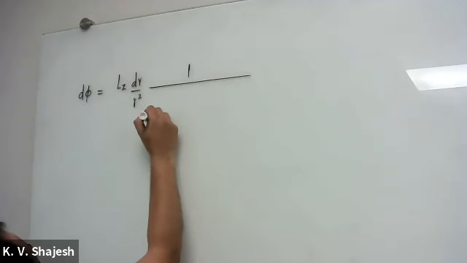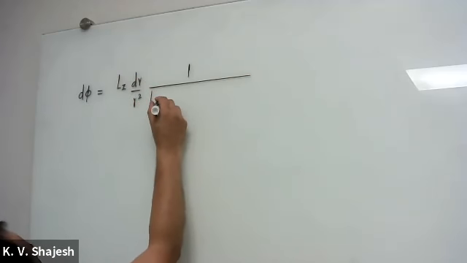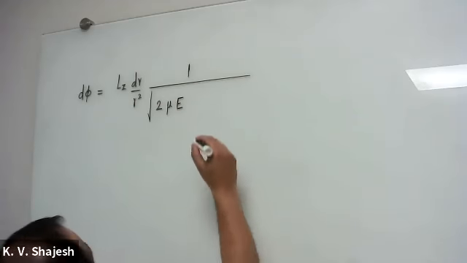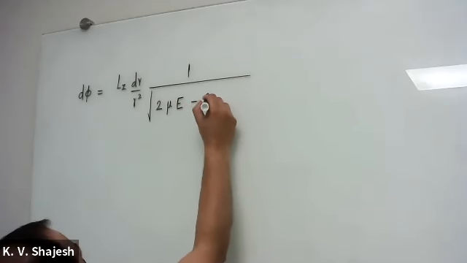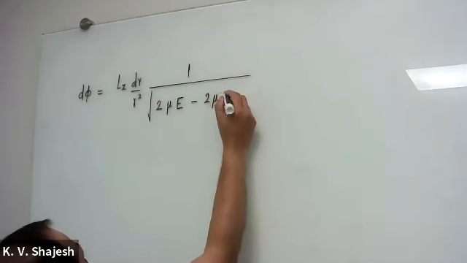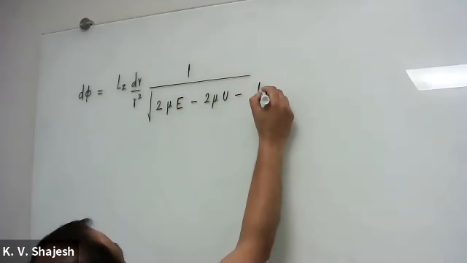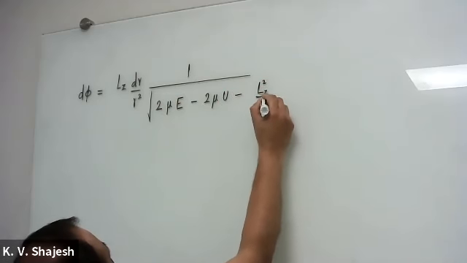I'm taking the mu inside the square root. That becomes mu squared. This becomes 2 mu E, and this becomes 2 mu U, and this is minus L_z squared over r squared.